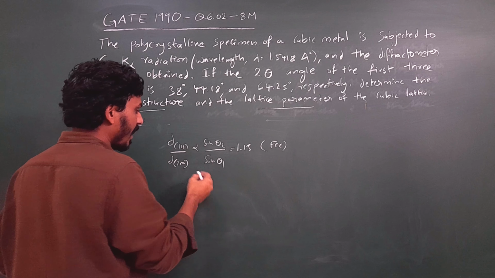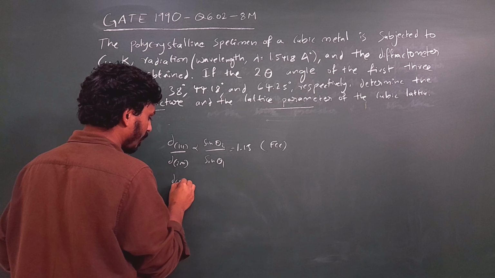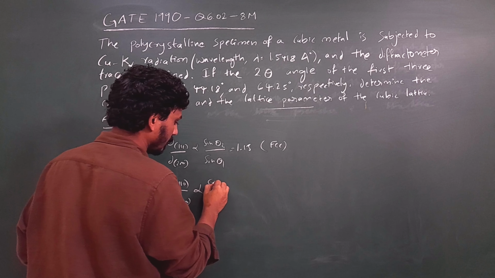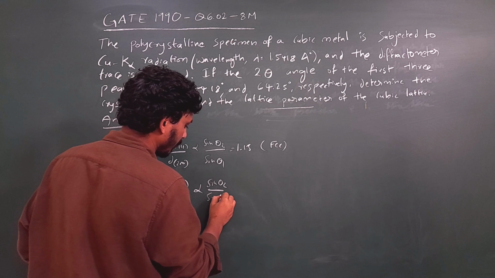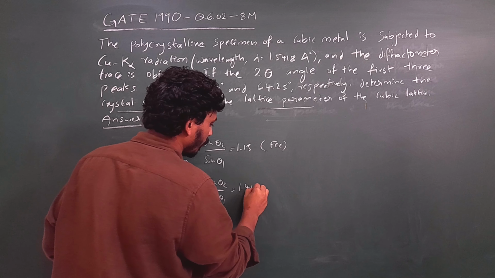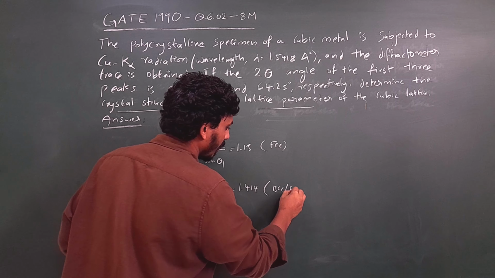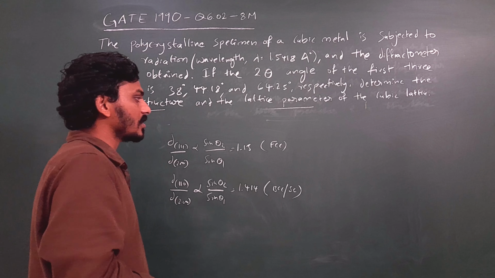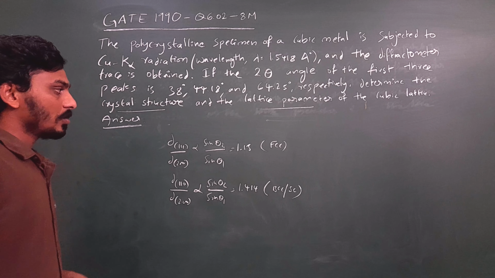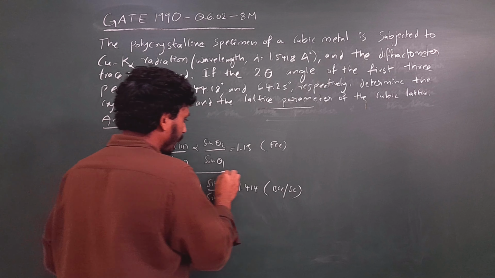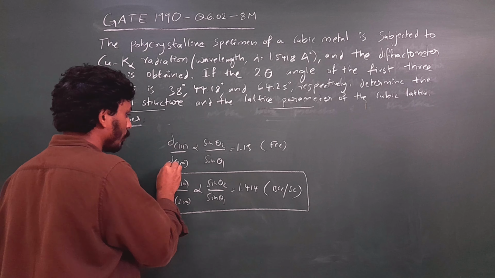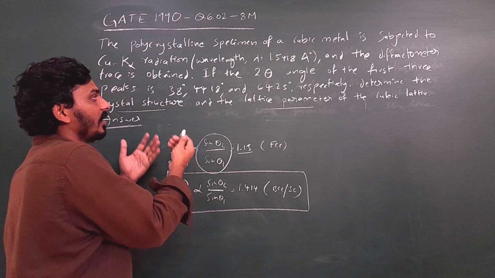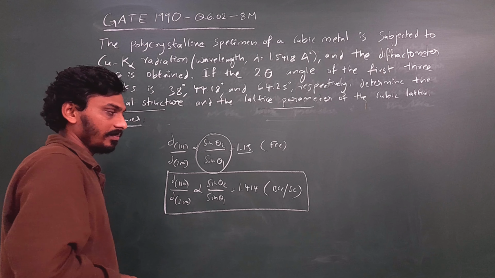Whereas for BCC, d(110) by d(200), proportional to sin theta 2 by sin theta 1, is equal to 1.414 for a BCC or simple cubic. We know these shortcuts, and it is actually a GATE 2013 question. So to eliminate the chance, first calculate sin theta 2 by sin theta 1. If it is coming 1.15, then our job is easy. We can directly understand that it is an FCC structure.